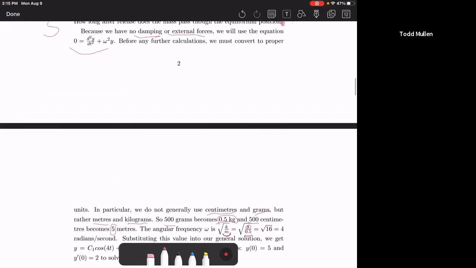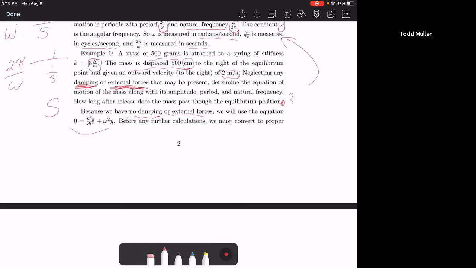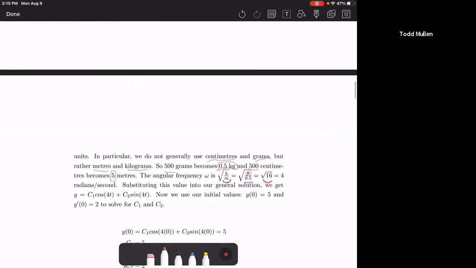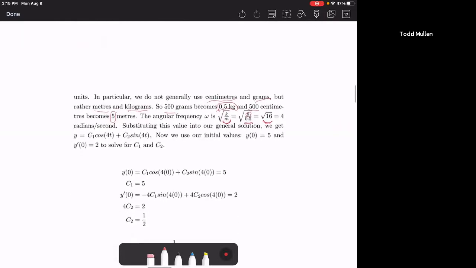So the mass is 500 grams, which we just showed to be half a kilogram. So 8 divided by a half is 16. Square root of 16 is 4. And as we know, angular frequency is measured in radians per second. So substituting this value into our general solution, we get y is equal to c1 cos 4t plus c2 sine 4t, because previously we had omegas in here, but now we know omega is equal to 4.